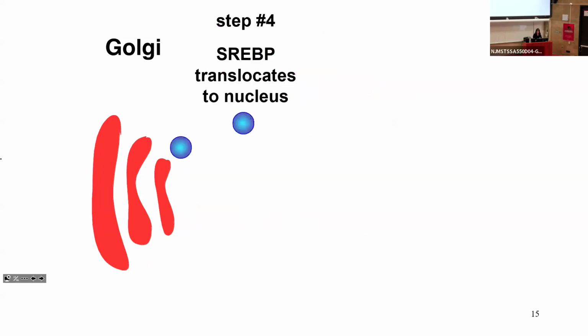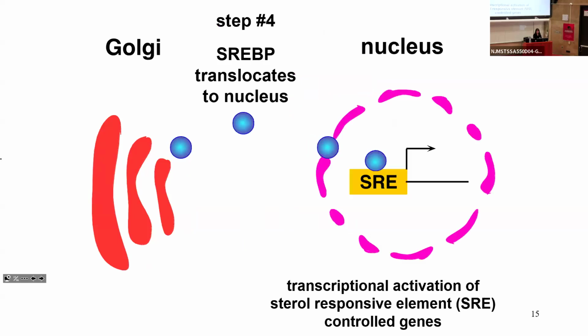And once it's released, it can traverse to the nucleus, go through the nuclear pore, sit on the sterol responsive element, and activate the transcription of all those various genes involved in cholesterol synthesis. And so that's a very different kind of transcription factor, one which has a more sophisticated signaling system for its activation.